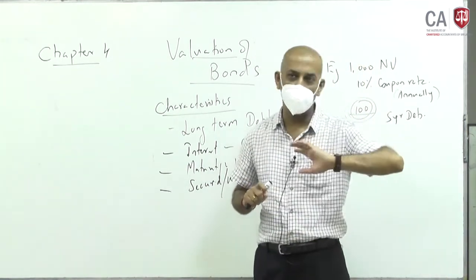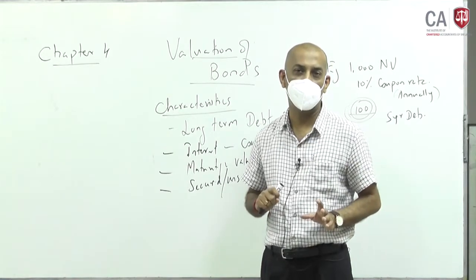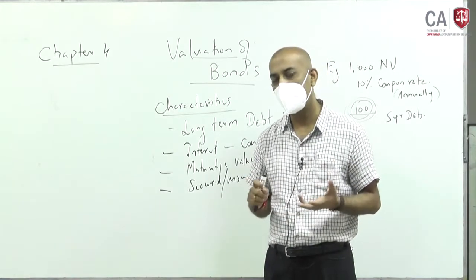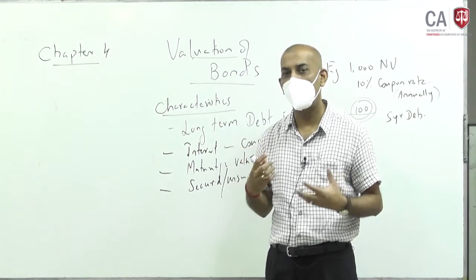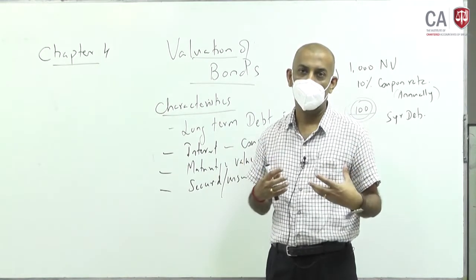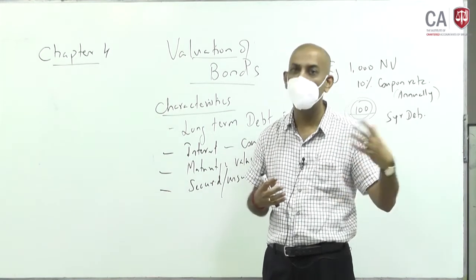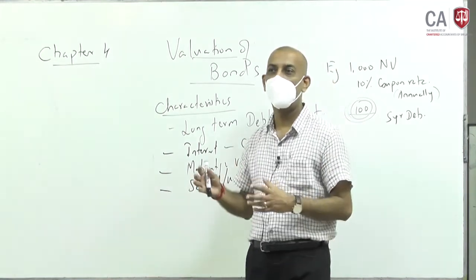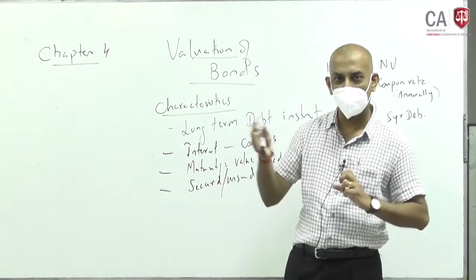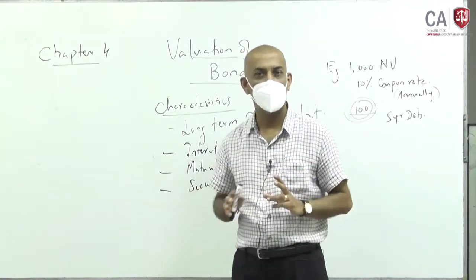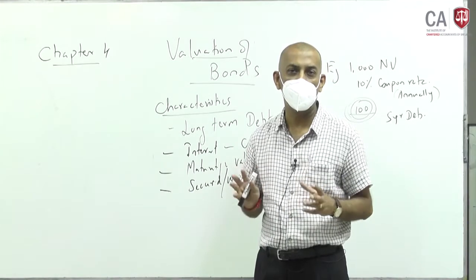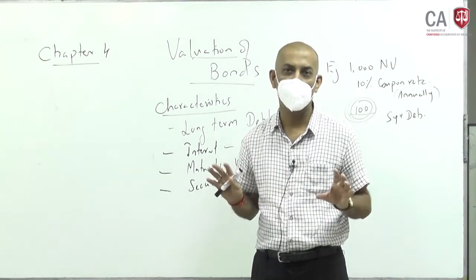You believe that they will somehow make sure that you get your money. The reason being, government has the ability of printing money. As you all know, only government has the ability and the right to print money. So even if government doesn't have money to pay you a bond at one time, government can print money and give it to you. So the default risk in the government bond is not there, right?